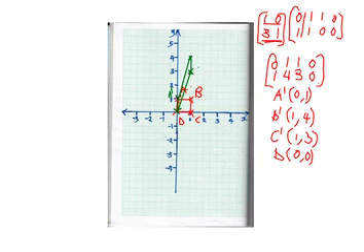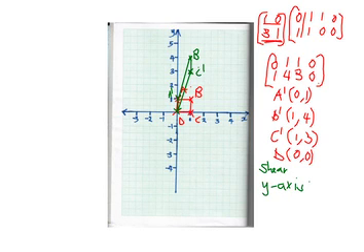So we can describe this by saying that it is a shear, and the invariant line is the y-axis because it is not changing. And then we pick a point. This is our C prime, this is our B prime.